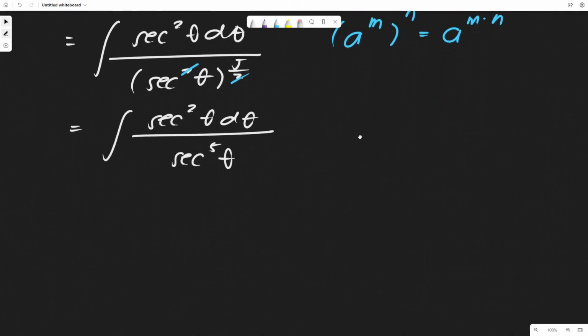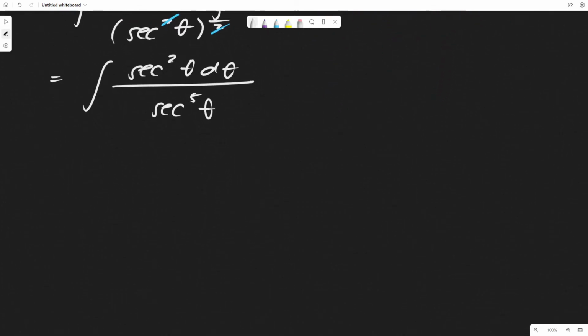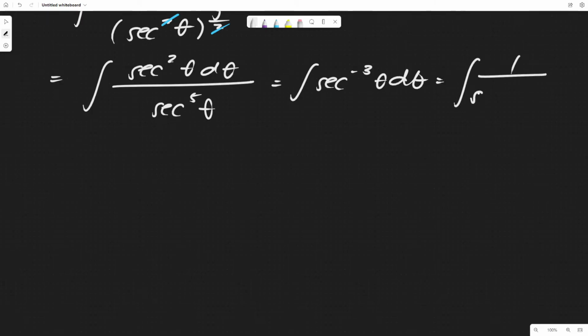Okay? So, pwede na natin simplify ito. So, a raised to m over a raised to n is equal to a raised to m minus n. So, 2 minus 5 is negative 3. So, this will become secant raised to negative 3 theta d theta. However, this is equivalent also to 1 over secant cube theta d theta.